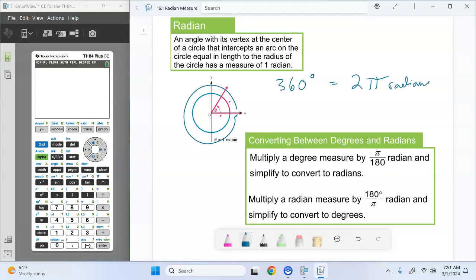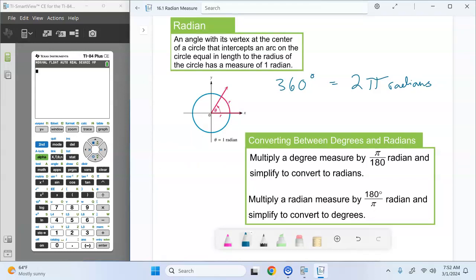The relationship comes from the circumference of a circle. The circumference of a circle is 2 times pi times the radius. And so based on the radius, the circumference gets larger because radians get larger. So a full circle is 360 degrees and a full circle is 2 pi radians.